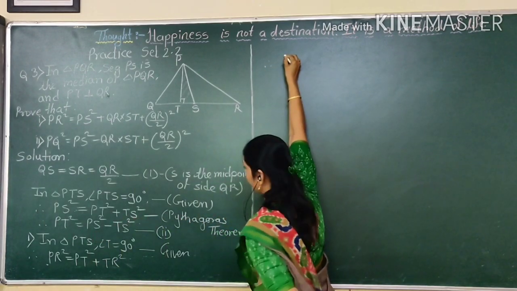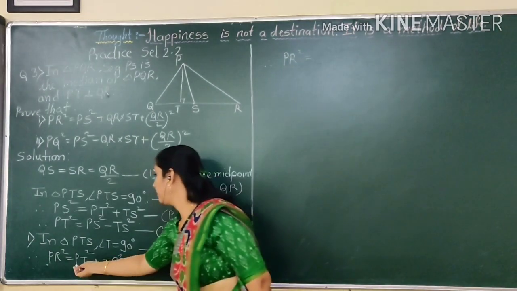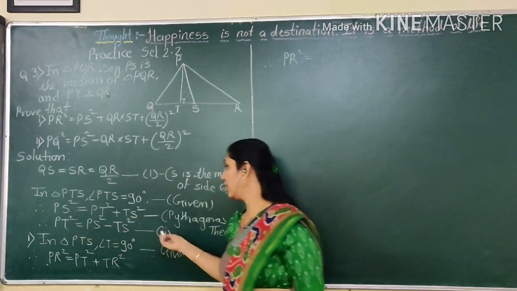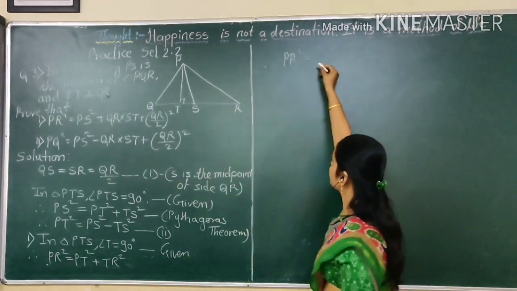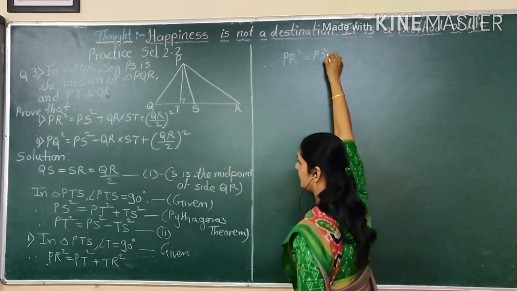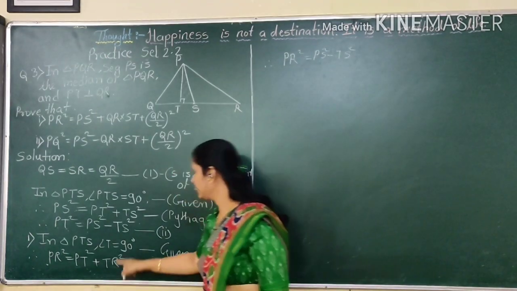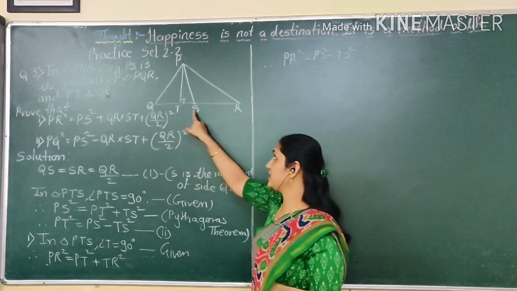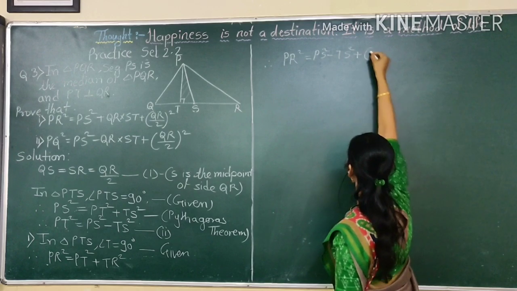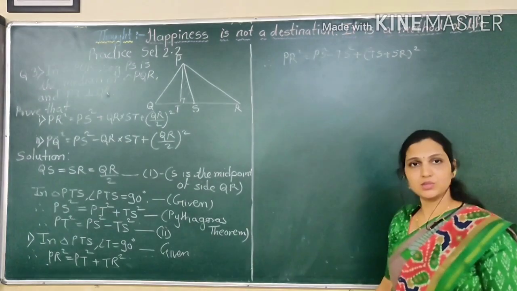Now PR square as it is. PT, value of PT, we can substitute that PS square minus TS square from 2. So let's substitute that. PT square is equal to PS square minus TS square. Okay. And next TR. TR can be written as TS plus SR. So let's write down that plus TS plus SR and whole bracket square.